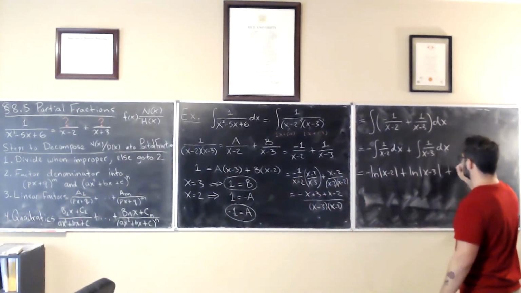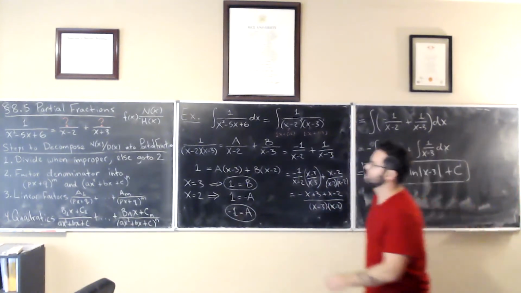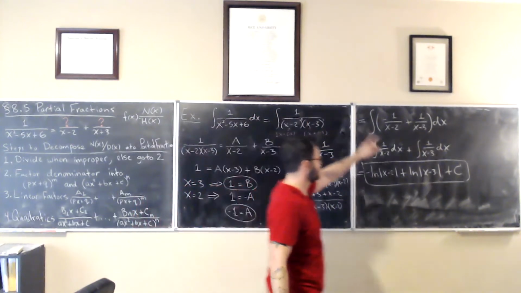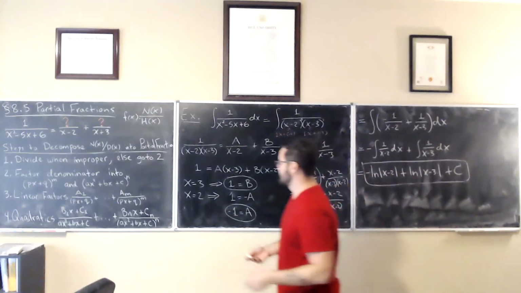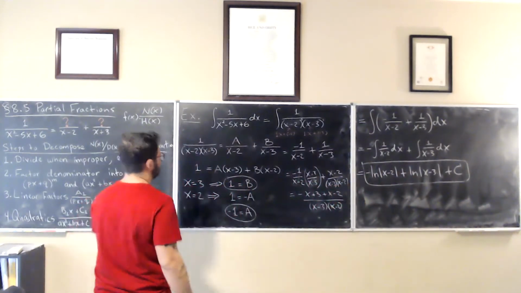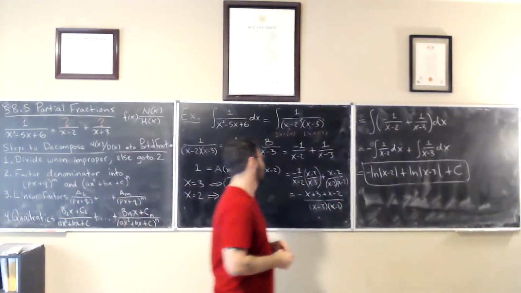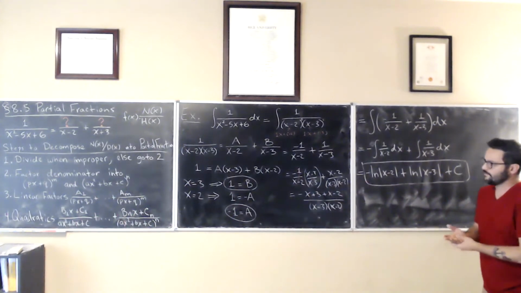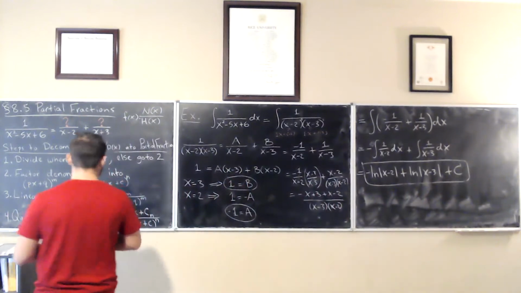And then don't forget your integration constant. So this integral went from something not so straightforward to something really simple to integrate. There was just an intermediate step you needed to take care of, and that was to decompose the rational function into a sum of rational pieces by using this method of partial fractions.